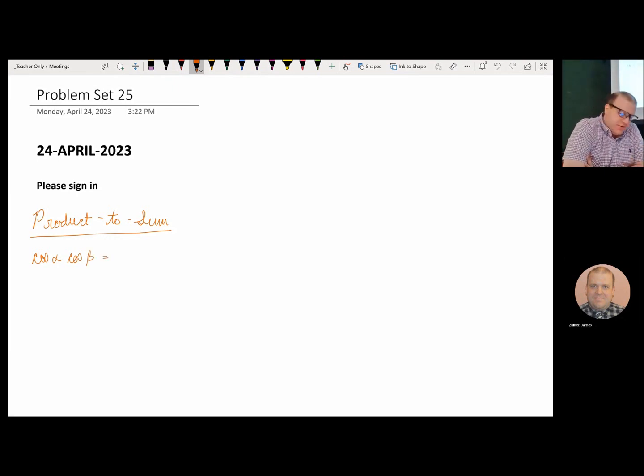Cosine of alpha times cosine of beta is going to be 1/2 the quantity cosine of alpha minus beta plus cosine of alpha plus beta.